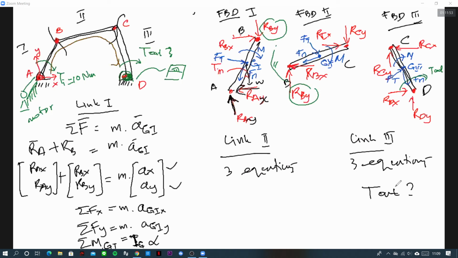Excuse me, Miss. I want to ask, in the calculation of the sigma F, why is there no weight W? Oh yes, mass times gravity.